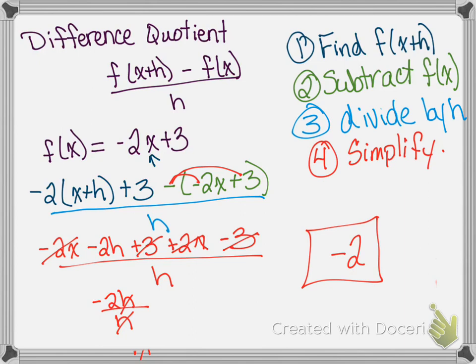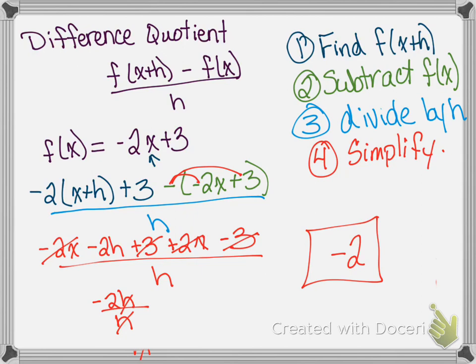Now think about what you know about linear functions. y equals mx plus b. f of x equals negative 2x plus 3. What is this? It is slope.